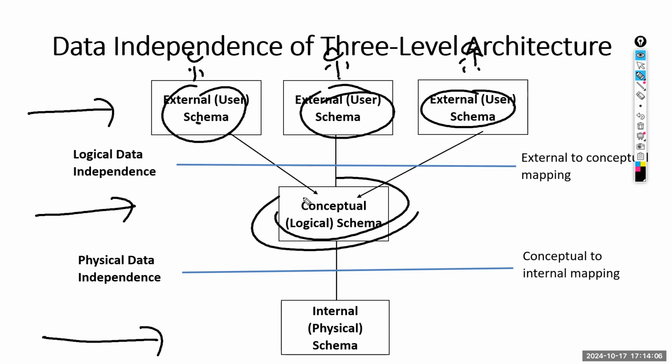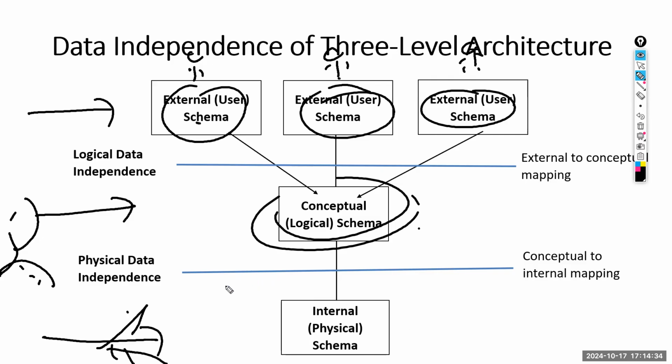The conceptual view is the view of the database developers and designers. And the reality, the physical view, is the view of the database administrators and database system developers. So we have three layers: external layer, logical or conceptual layer, internal or physical layer.